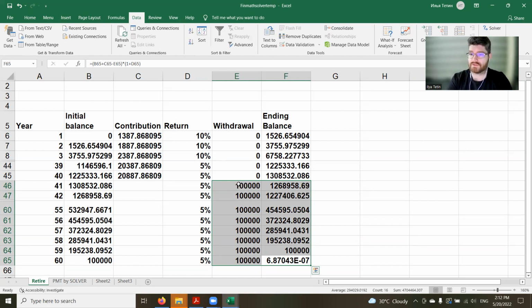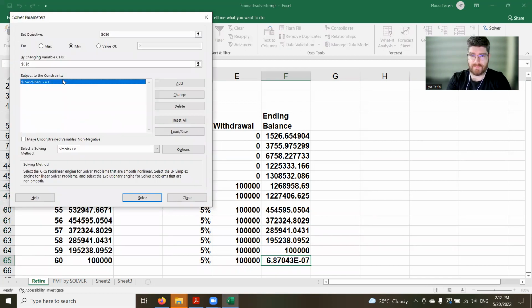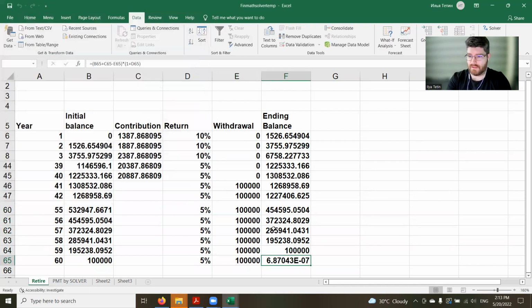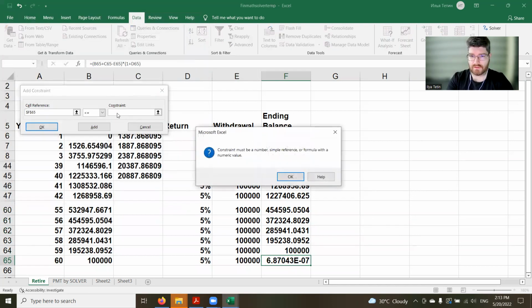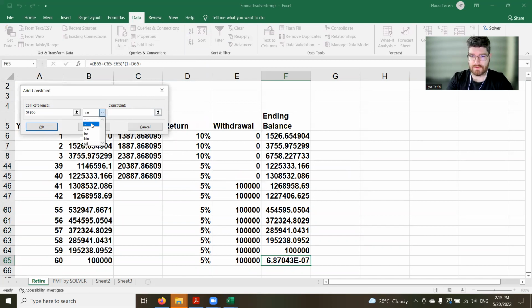So maybe we need to consider the single constraint which should be 0 here, but without any conditions on that many cells. So let's add the single condition equal to 0.